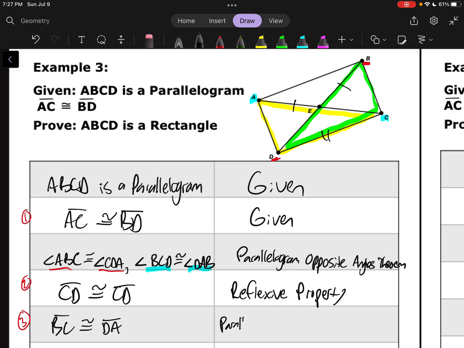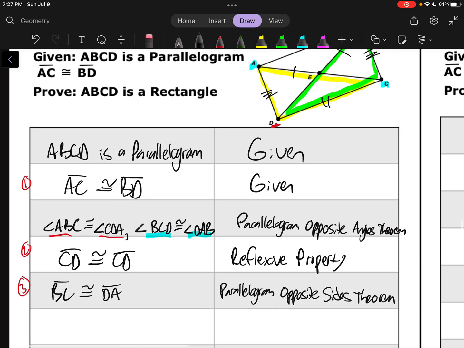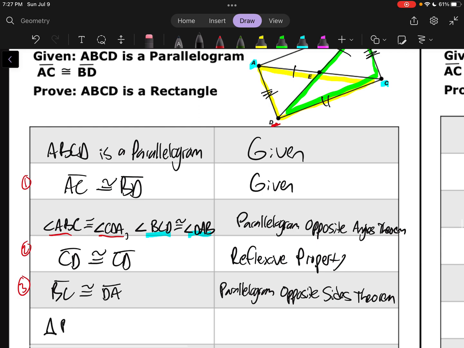So that's the parallelogram opposite sides theorem. That's this and this. Okay, and now we've got our three congruent things. So let's go ahead and say that triangle BCD is congruent to triangle ADC by side, side, side.